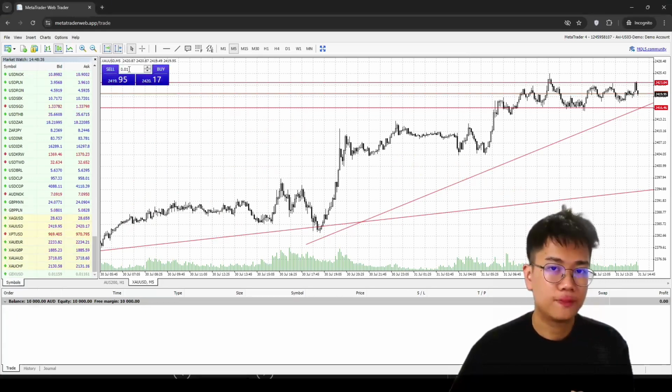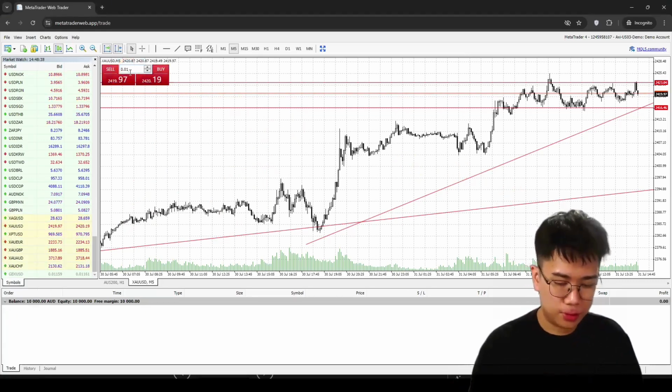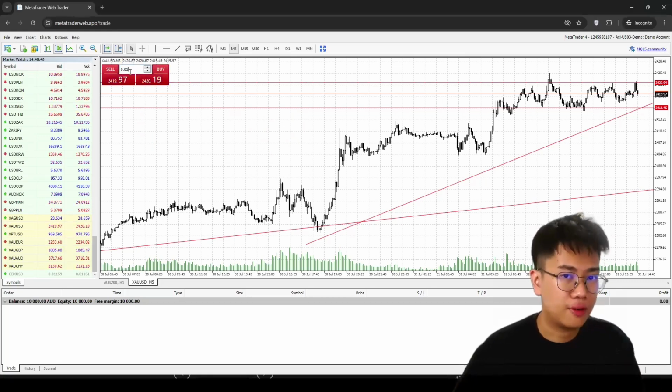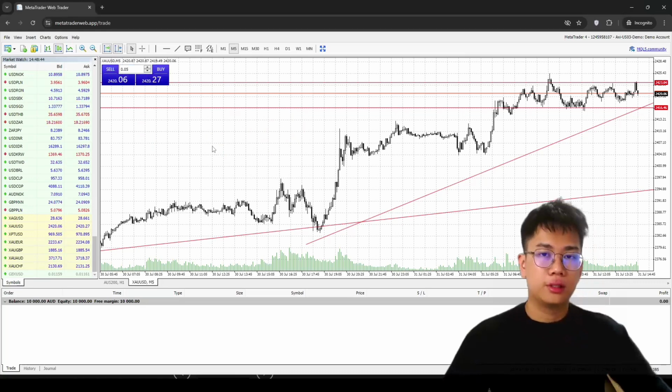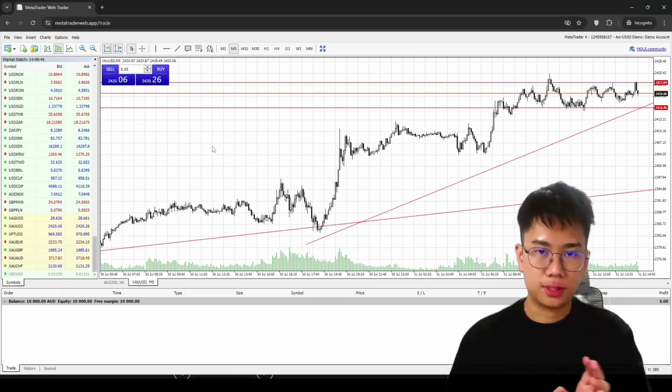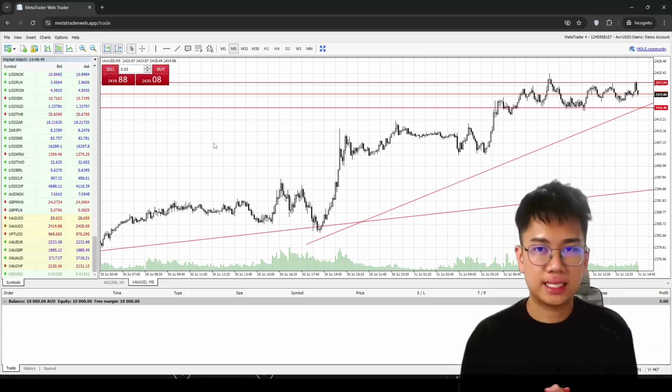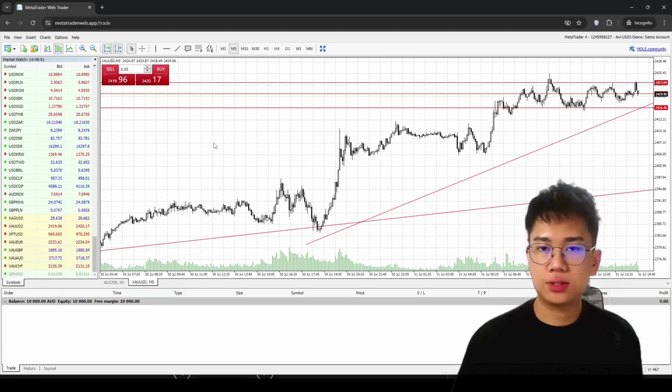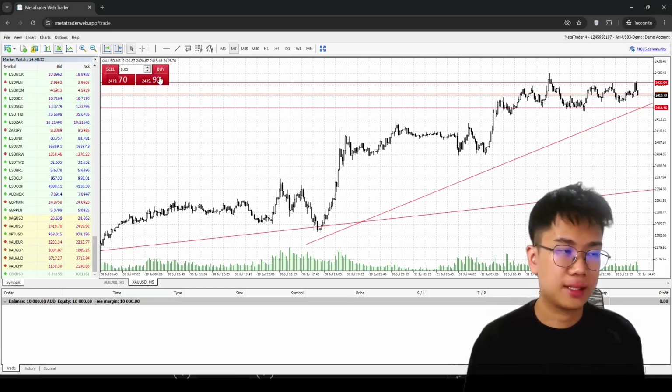So what I will do, I will increase the number to 0.05. Right now, I've adjusted to 0.05, and what I can do next is start to click the buy button.